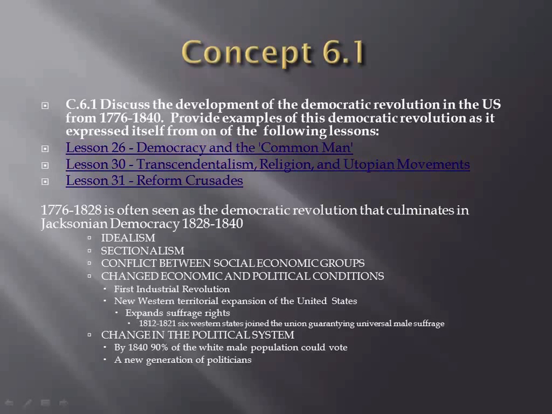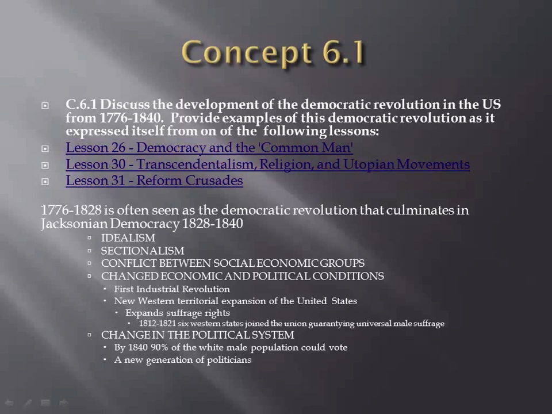For political conditions, changes in political conditions, Western territorial expansion of the United States caused a change in the political needs of the geographical sections of the country and accelerated the pressure to expand participation in the government. Western states joined the Union. They adopted constitutions that gave universal suffrage to all white males, regardless of property qualifications.